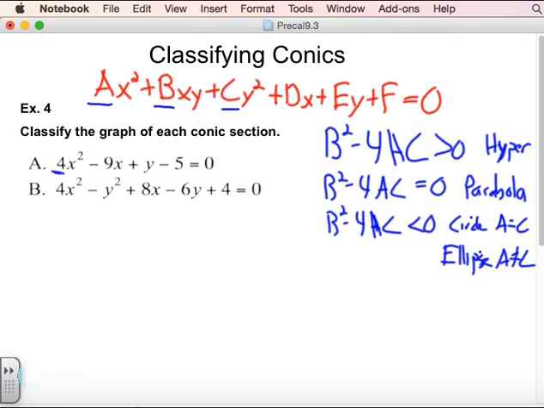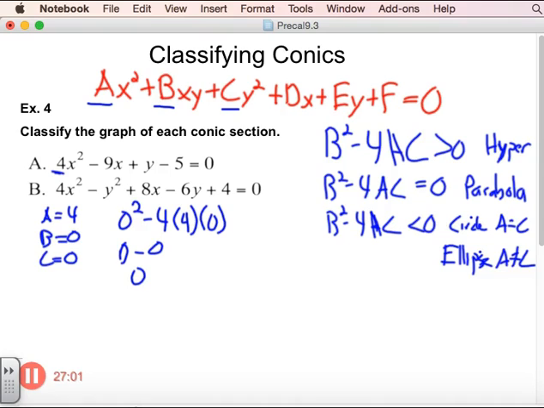So let's plug them into b squared minus 4ac: 0 squared minus 4 times 4 times 0. So 0 equals 0. So whenever this value equals 0, we know that we have a parabola. So this first one, I'll write up here, is a parabola.